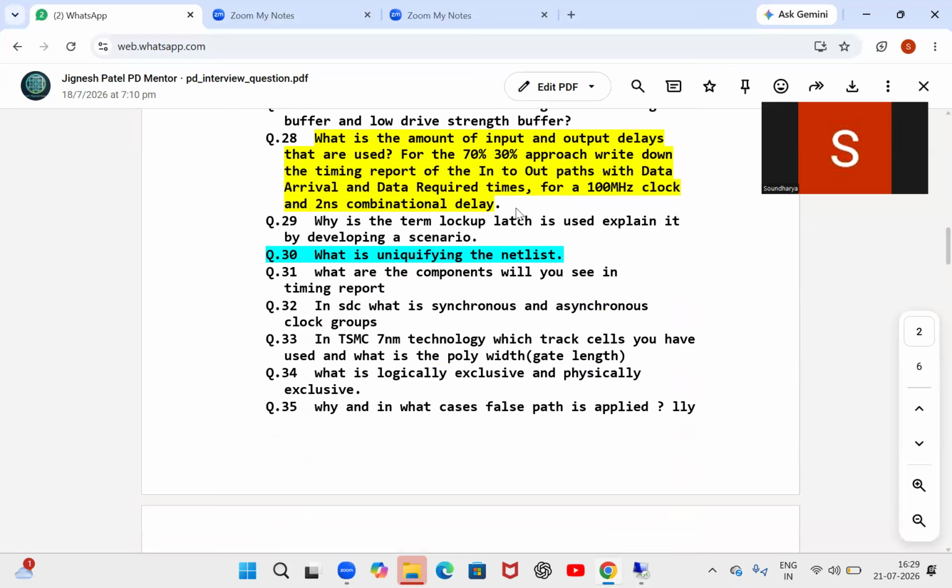We can see DRVs, transition, capacitance, and fan out, and then mainly cell delay, net delay, start point, end point, uncertainty, clock period, data required time, arrival time.